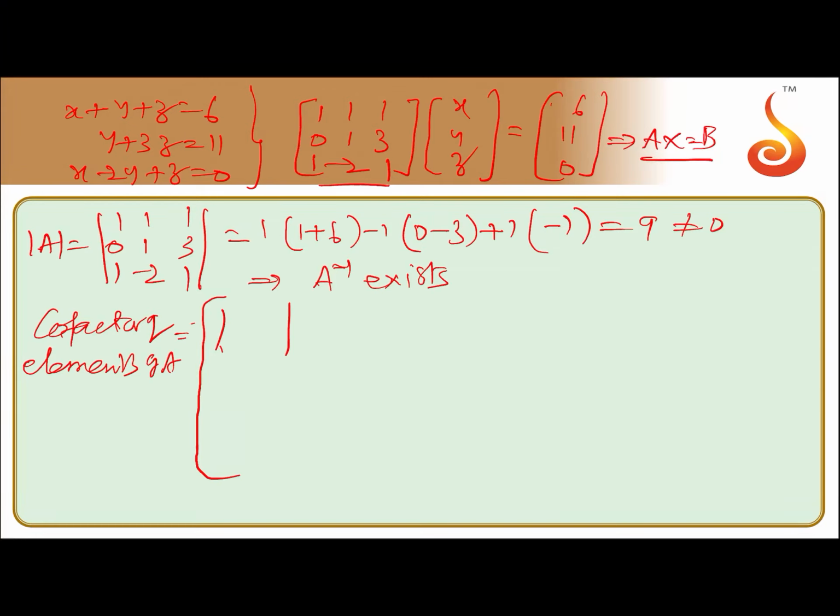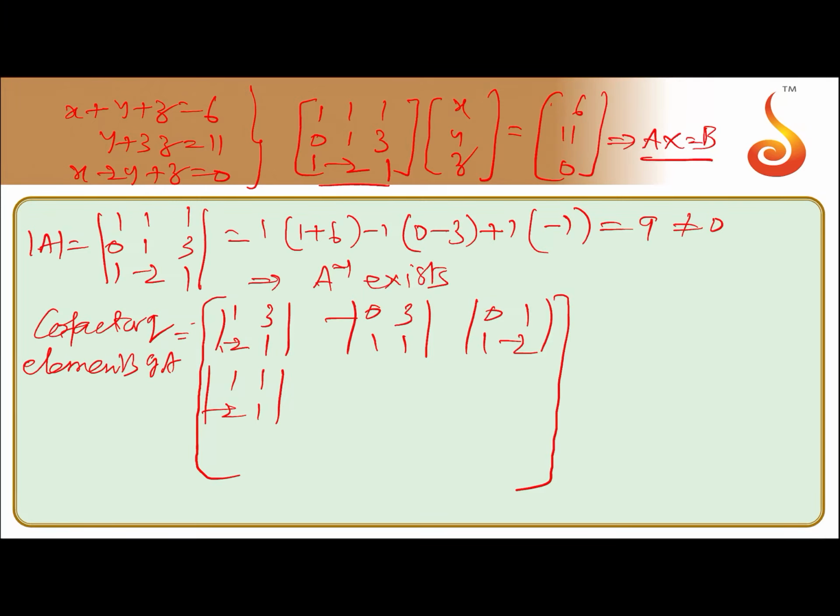We calculate the cofactors like this. First row, first column element, it is the determinant 1, 3, minus 2, 1. And the second one, it's 0, 3, 1, 1, with the minus sign. And for the third one, 0, 1, 1, minus 2, 1. Then with the minus sign, for 1, it is 1, 1, 1, 1.